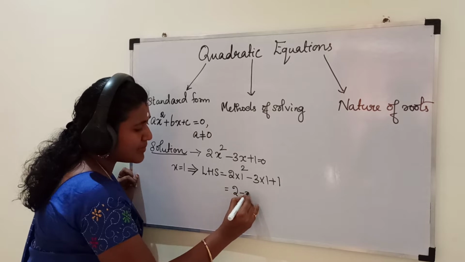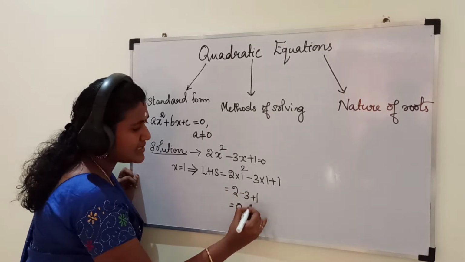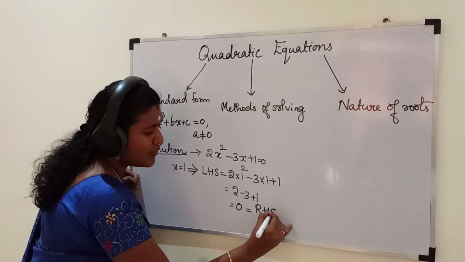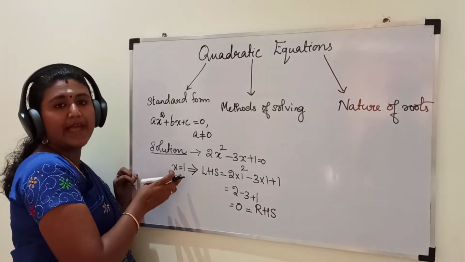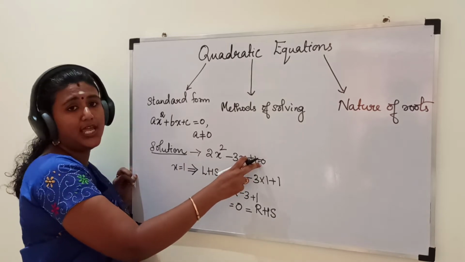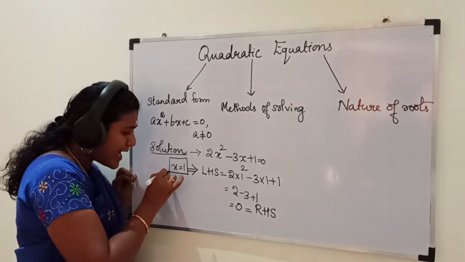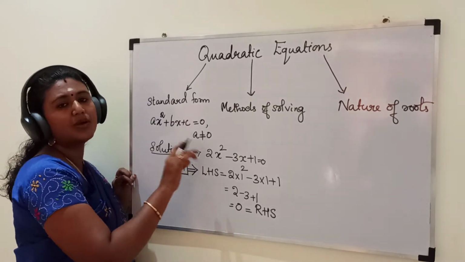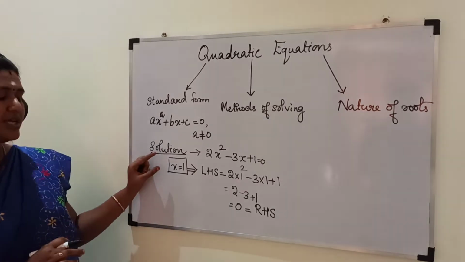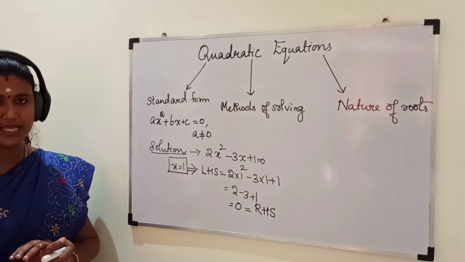That is 2 minus 3 plus 1, which is equal to 0. This is our RHS. So this value of x satisfies the equation. Then we can call this value as the solution of the quadratic equation. So here x equal to 1 is a solution of the quadratic equation.